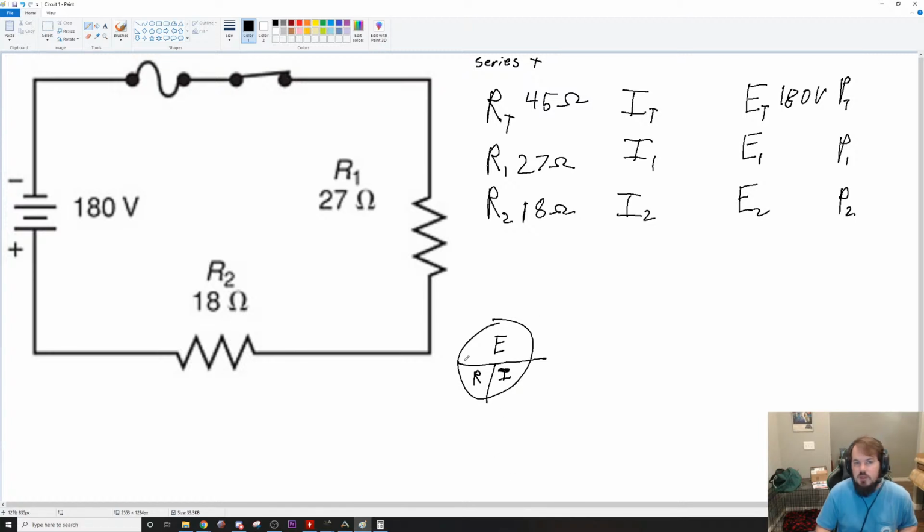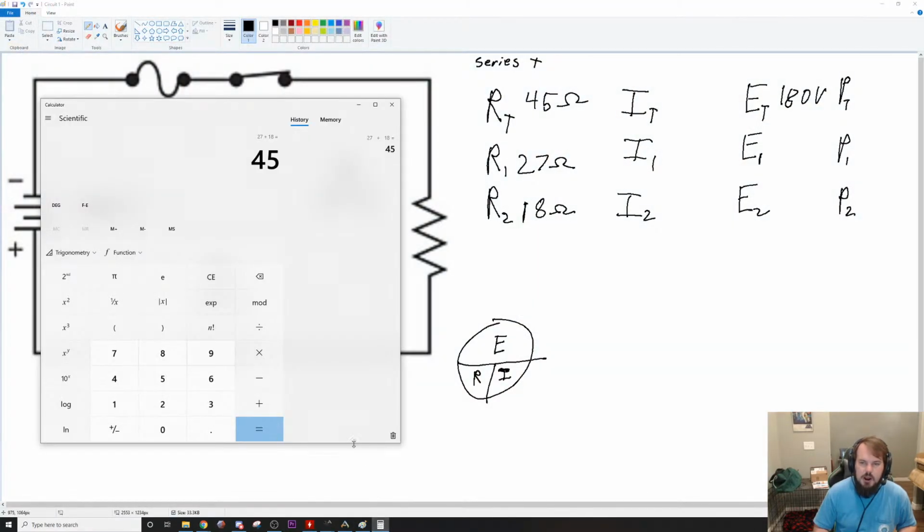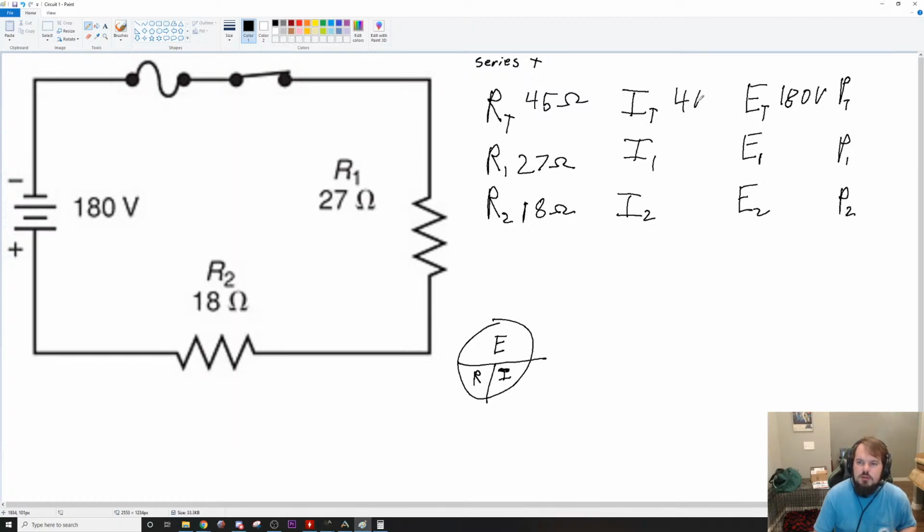That is the Ohm's law circle that you should have seen a few times at this point. Alright. Oh, calculator. So 180 divided by 45 will give us 4 amps.